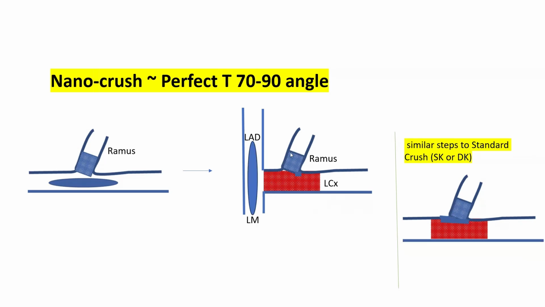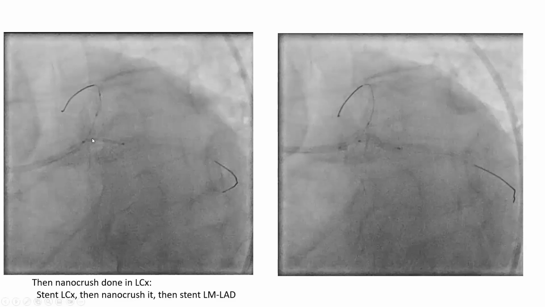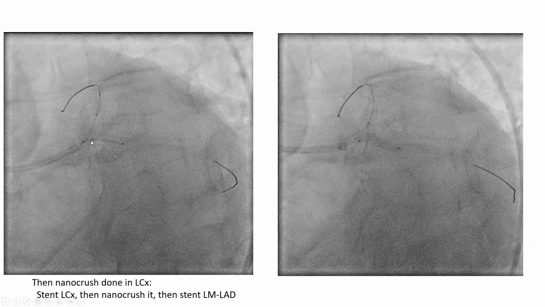And in this patient, after stenting the ramus and nano crushing it, they decided to stent the left circumflex, the main left circumflex, and the LAD using a nano crush perfect T again.